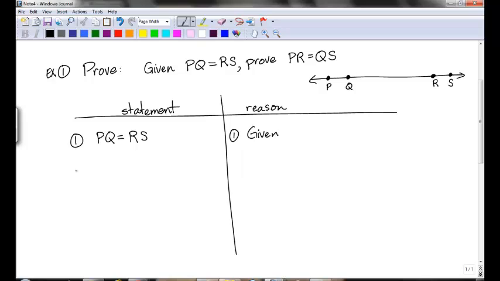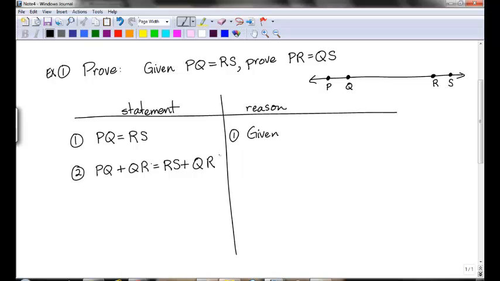Okay, second step. I'm going to use that PQ plus QR. Now look at your picture. PQ plus QR equals RS plus QR. Now look at your picture and look at what I did. You got to look from this line to this line.